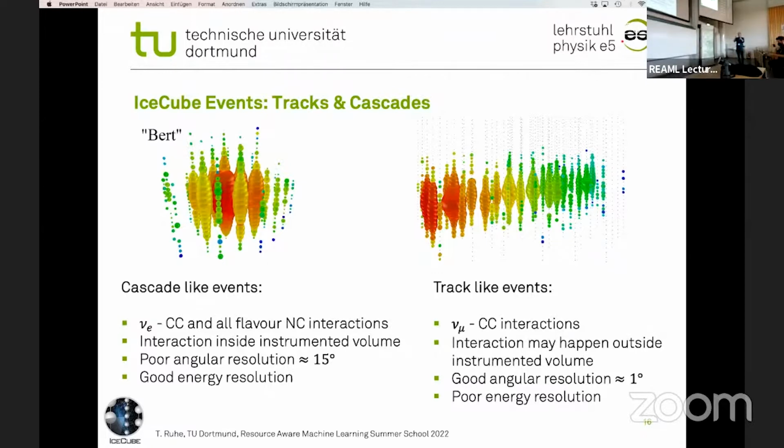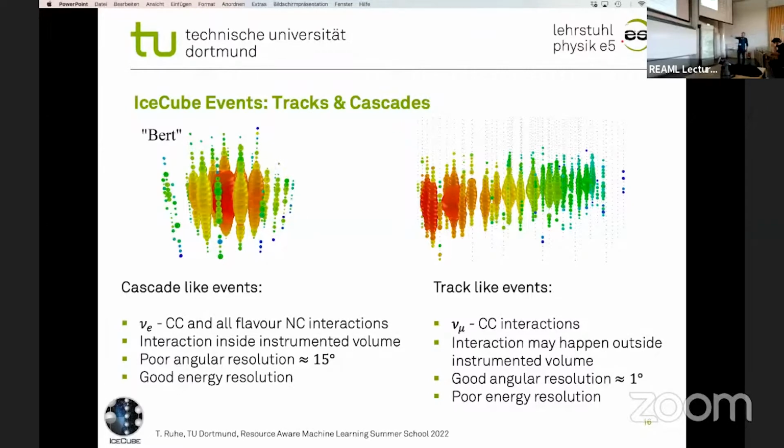So the interaction of the neutrino that then produces the charged leptons that give us the cascade should ideally happen inside this 1 cubic kilometer of ice that we instrumented. There are some ways that you can circumvent this, it can happen a little bit outside, but in that case, you would not see such a nice cascade. You would see half a cascade or so, which is a lot harder to reconstruct.